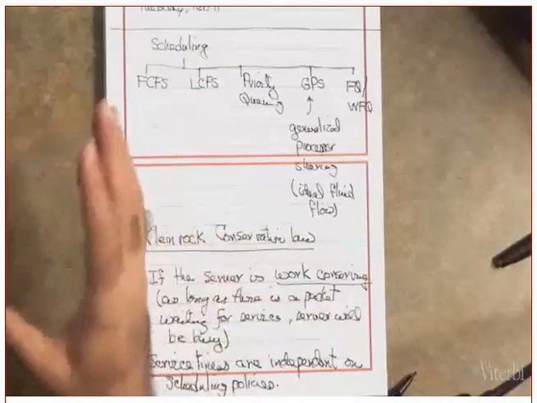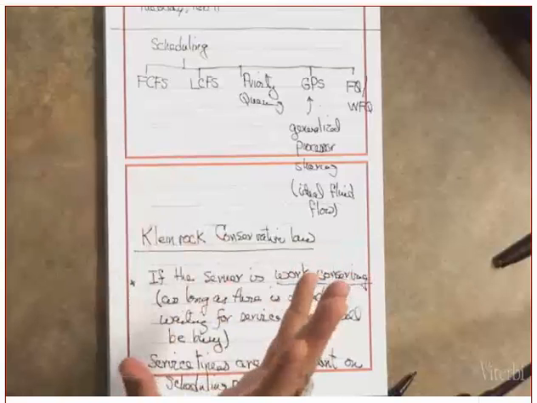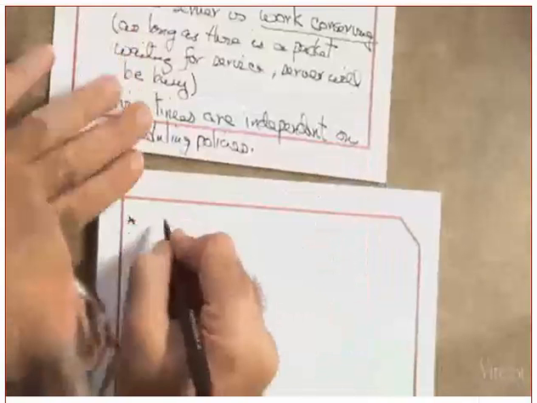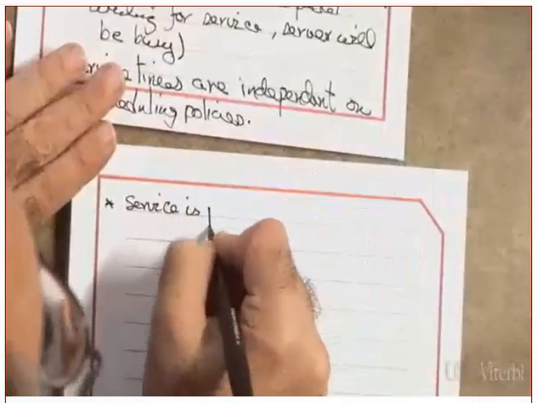Let me explain this. When I say service is non-preemptive, what does it mean? If a server is serving a packet and a packet of higher priority comes, you are not going to preempt it. Or preemptive resume. Preemptive resume is like I showed you last time.